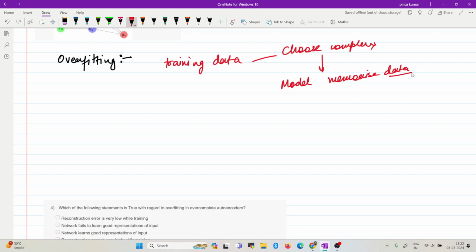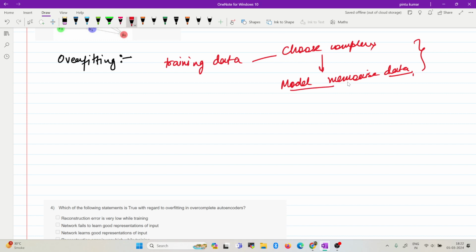Like when you were a child in school, there would be many kids who would understand some pattern or logic behind a question and then attempt it. And then there would be some other students who have very good memory power. They would memorize all the questions, and when it is asked in the exam, they'll write it as it is. But if you give those kids questions slightly different from what they have memorized, it becomes very difficult for them to produce a good answer. Similar is the case with overfitting.